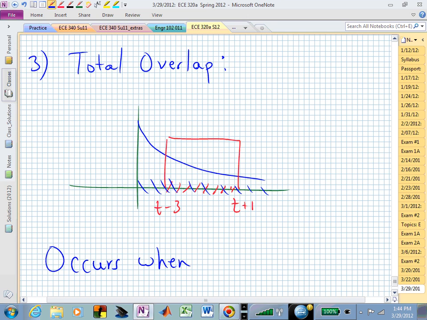When is this pattern in play? When is this picture valid? Or when does it happen? As soon as t minus 3 goes through 0, that's when it happens, and it happens for all t thereafter, right? It doesn't change. We don't need to worry about the exponential in this case. That's going to be a function, and we know the functional expression for that. So this occurs when t minus 3 is bigger than or equal to 0. So this says t is bigger than or equal to 3.